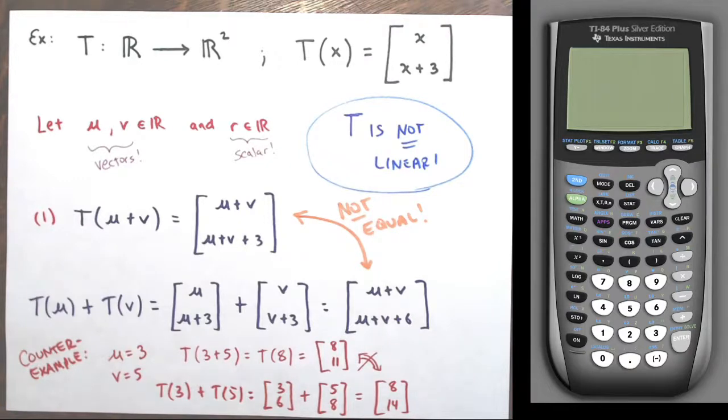And then you're checking, is T of u plus v equal to T of u plus T of v? Is the image of the sum equal to the sum of the images? And is T of r u equal to r times T of u? Is the image of the scalar multiple a scalar multiple of the image, if you want to say it that way?